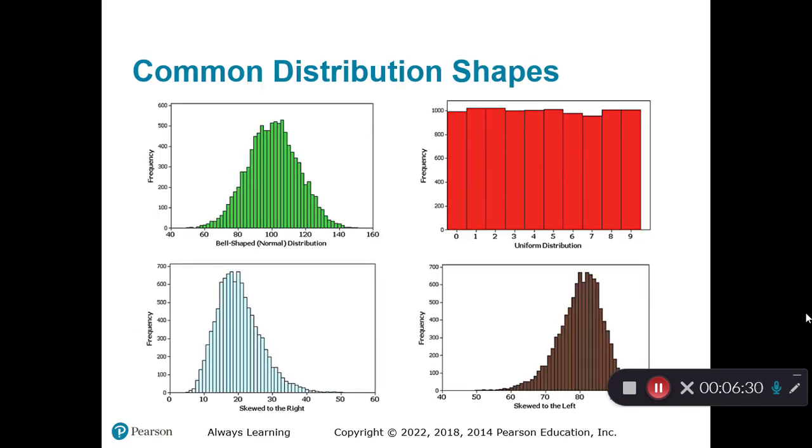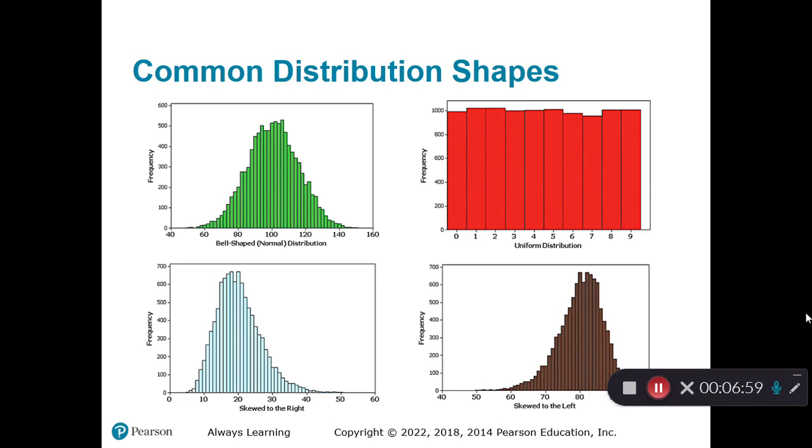Here we have some examples of common shapes. In the first graph on the upper left part of the slide where we have the green bars, we have a distribution that looks to be very normal. And in statistics, the word normal has a completely different meaning than the word normal in its regular day-to-day English colloquial use.